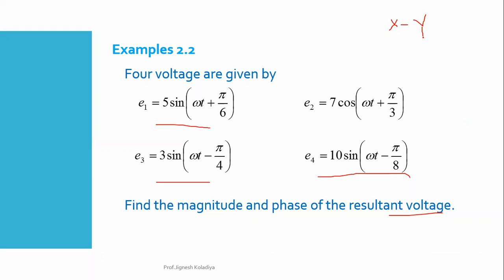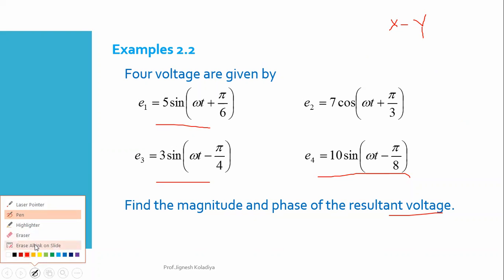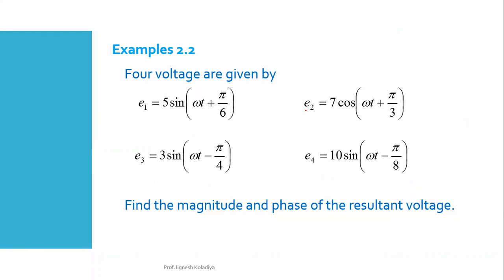Okay. So normally first step is to draw the vectors, but everyone can note down one important point over here: whenever we apply vector addition methods, make sure that all the vectors are in the same form. For example, here E2 is not in the same form as E1, E3 and E4. It is given in cosine. Rest all vectors are given in sine.